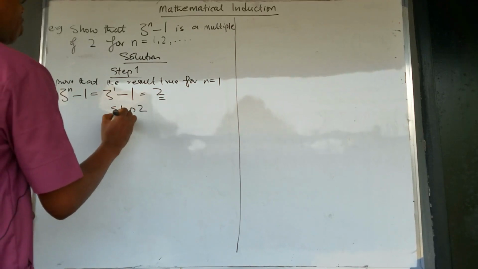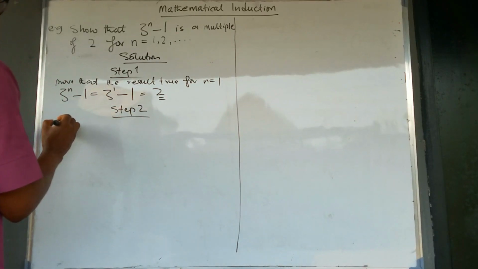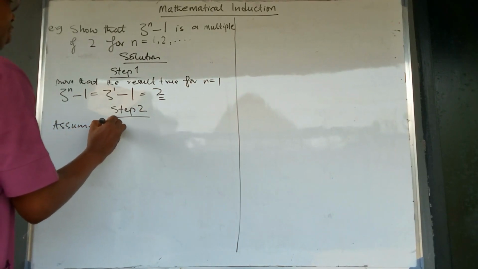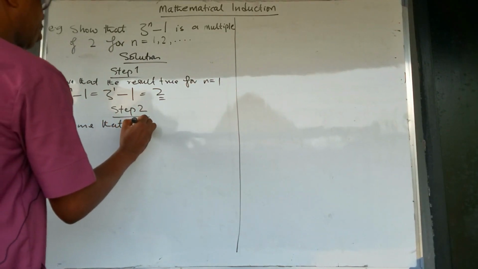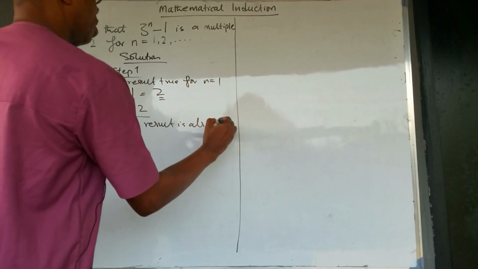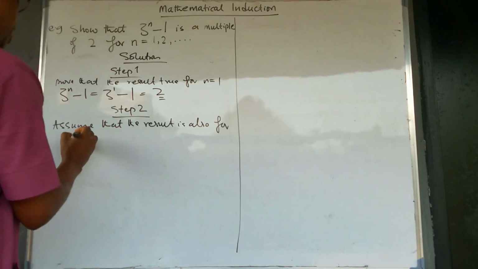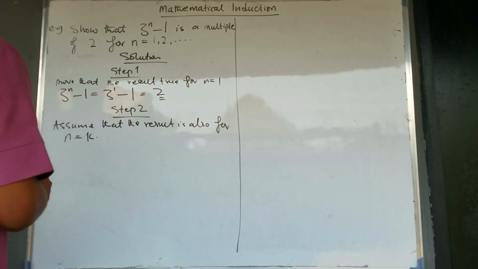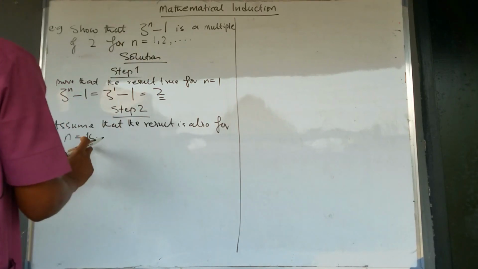In the case of step 2, that is the step where you assume, not prove. You assume that the result is also true for n equal to k. So what do I do in this case? I will substitute n with the letter k.